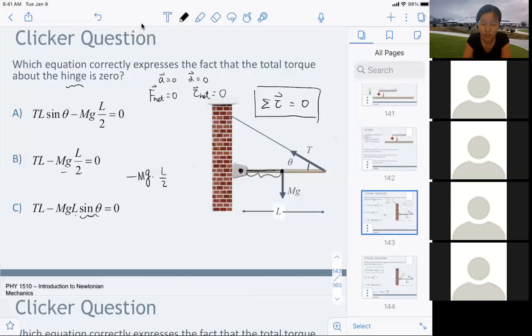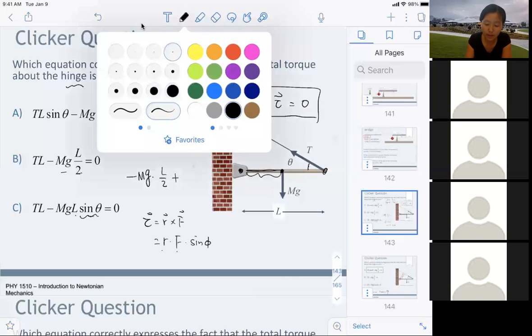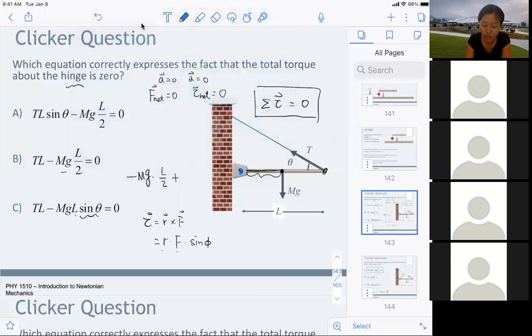That's the first one. The second one is the torque by tension. We know that has to be positive, because you can see that by pulling the rod in this direction, it's trying to do a counterclockwise rotation. So how do we write down the magnitude? We know that torque is r cross F, which is r times F times the sine of the angle between r and F. Here r goes from the pivot point, where you're going to rotate, to where the force is being applied.